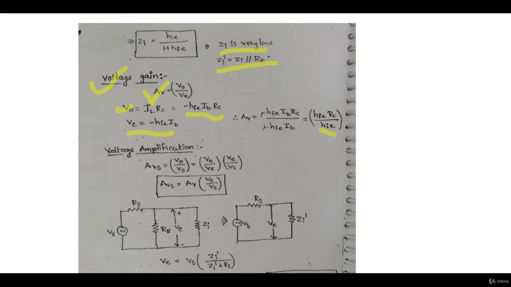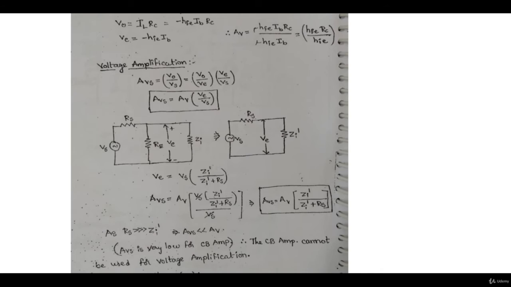Now you have the internal voltage gain. The external voltage gain you can calculate as V0 by Vs, that is V0 by VE into VE divided by Vs. That gives AVS equal to AV into VE divided by Vs. VE divided by Vs is just a voltage division, as we have seen with Miller's theorem as well. VE is Vs times Zi dash divided by Zi dash plus Rs, where Zi dash we have calculated above.